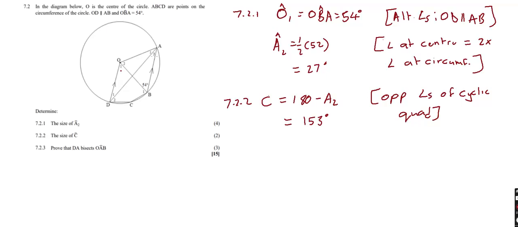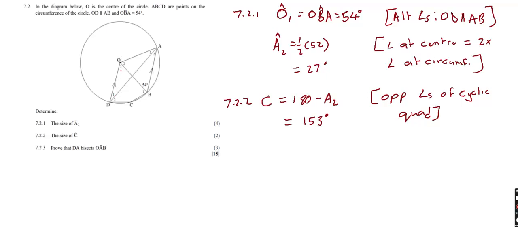Now A2 is the one that gave us C. Okay, A2, by the way, is going to be equal to D1 because OD and AB are parallel.